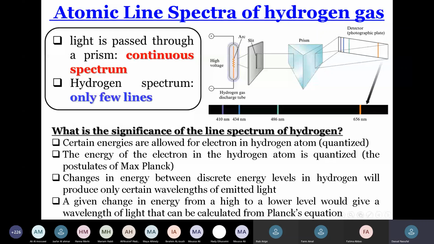As a summary, we have the atom, the nucleus, and in the nucleus we have the protons and the neutrons. Around the nucleus we have electrons that are in motion, in the electronic cloud. The energy of the electrons is quantized. That means the value of energy is well determined.